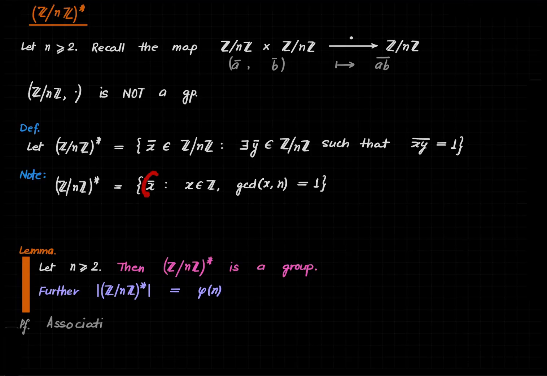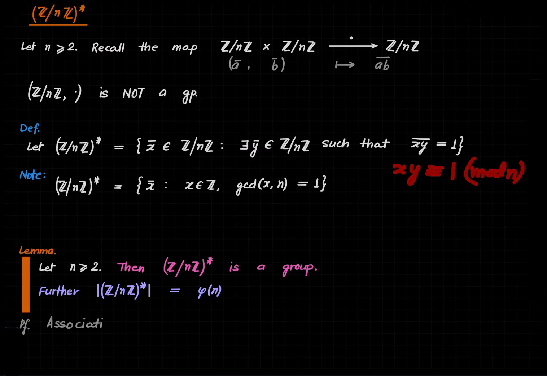Suppose x bar lies in Z mod nZ. If this happens, then by definition of Z mod nZ star, there is some y such that this equation holds, which reads exactly that xy is congruent to 1 mod n.